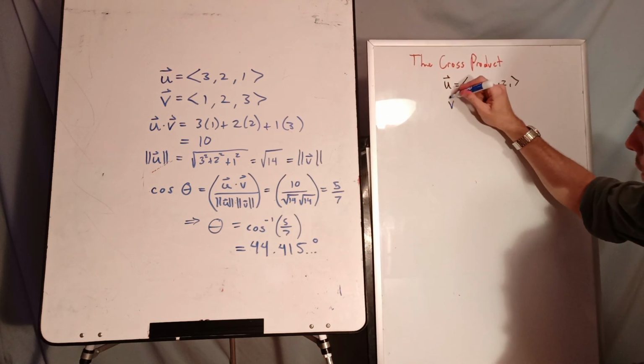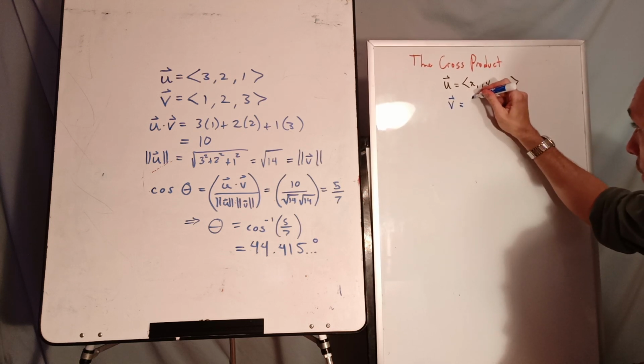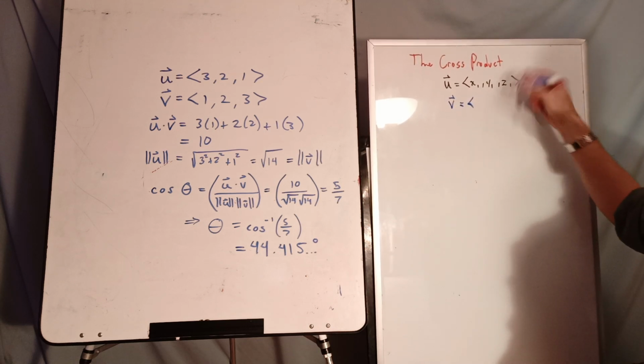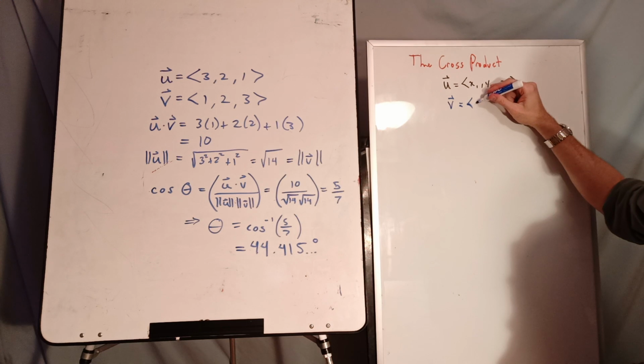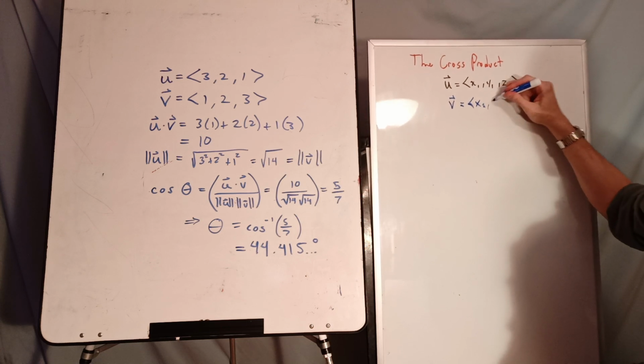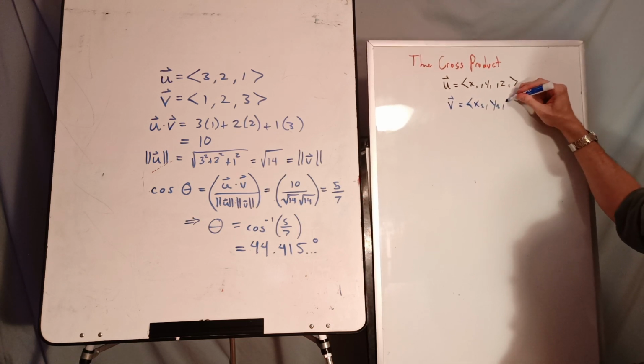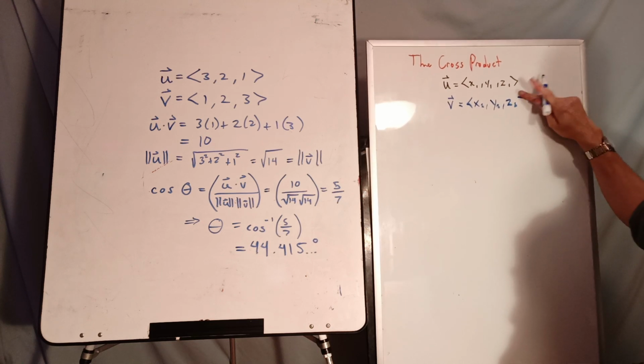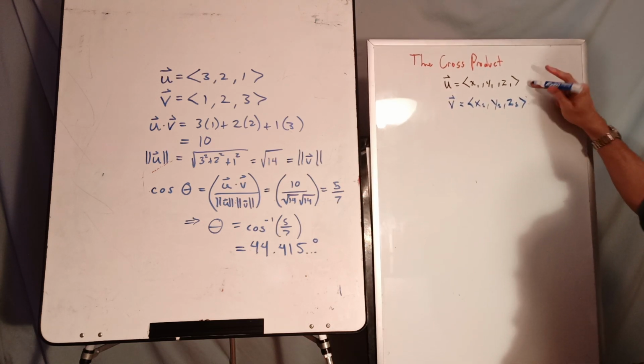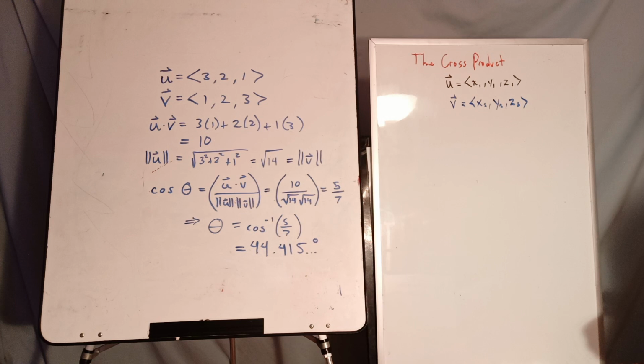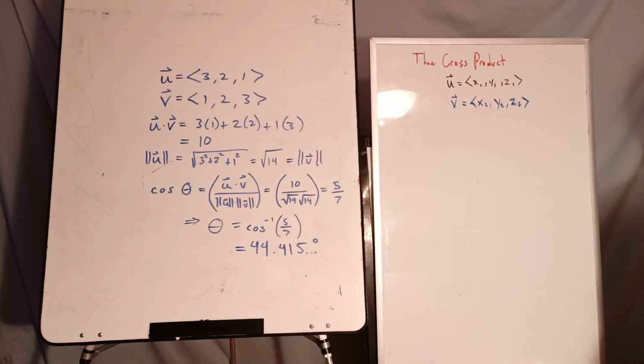A rose by any other name would still be the same components for these vectors. But these are the ones I'm going to use. Okay, so those would be our 6 numbers defining our 2 vectors.